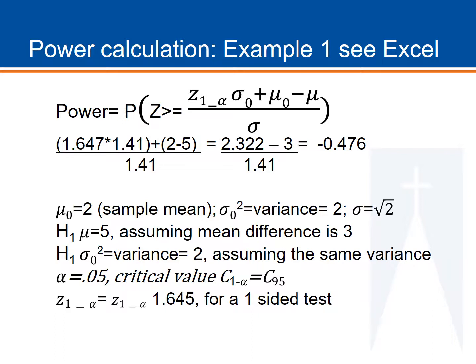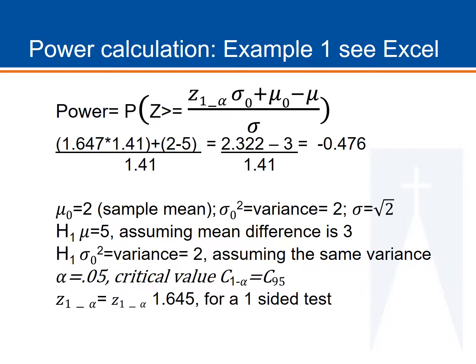You can also find this in the Excel file where I've given in the sample mean, the variance expected, the mean difference, or actually the second mean value, which assumes a mean difference of 3. The assumption that the second population would have the same variance as the underlying population, and then the critical value of the alpha level set at 95%, and then the z statistic being 1.645, which is for a one-sided test.